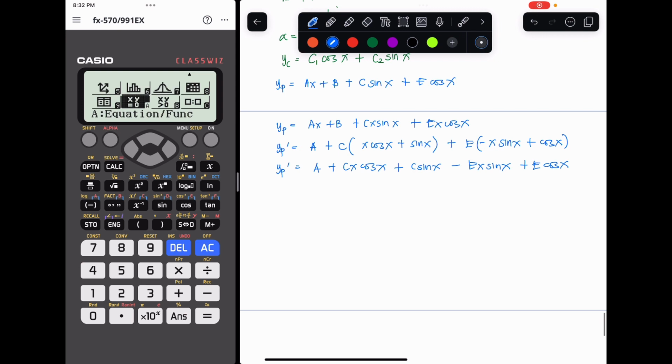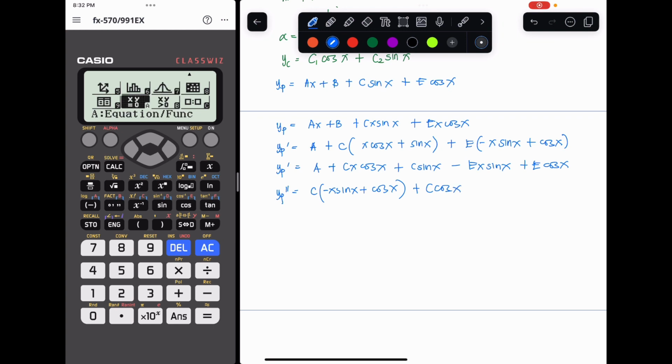So for our yp double prime, a is 0, and I'll have c times the derivative of x cosine x, which is negative x sine x plus cosine x, and then the derivative of sine x is positive c cosine x.